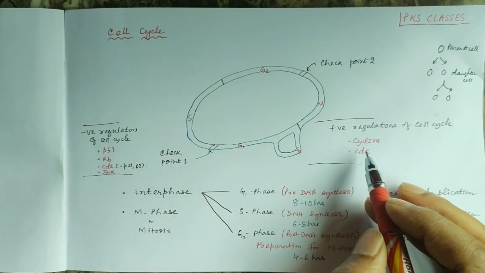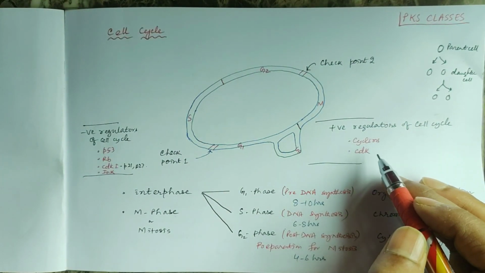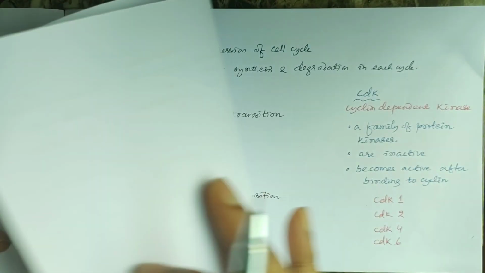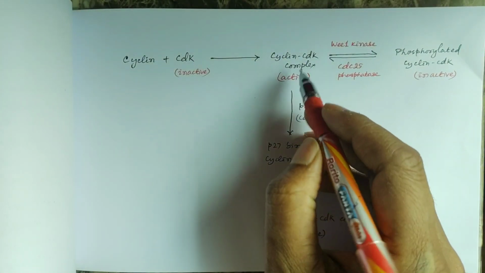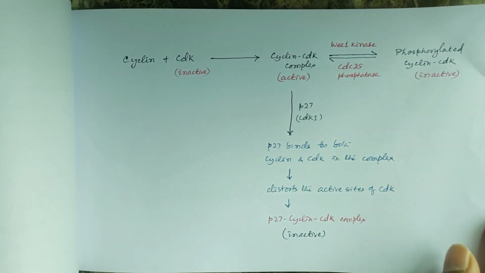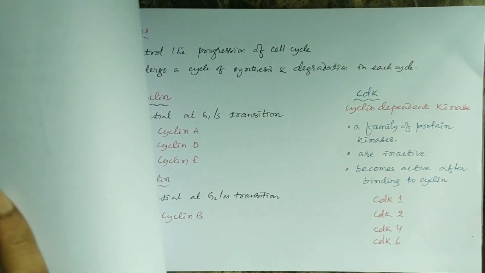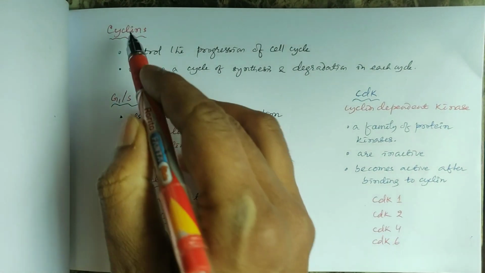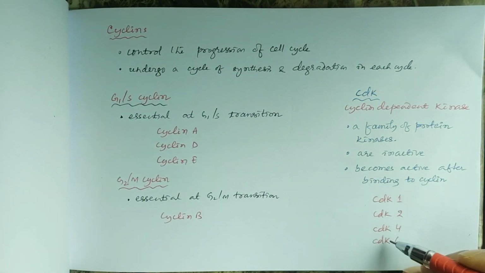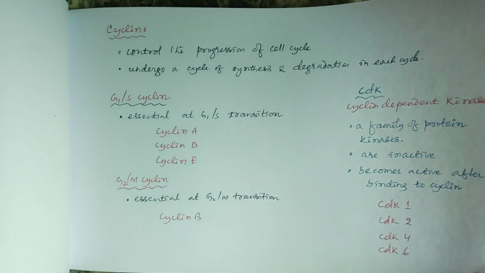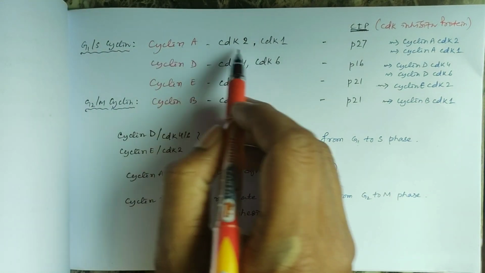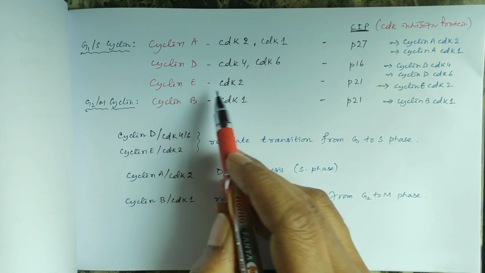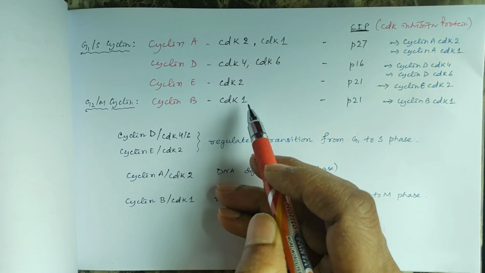The positive regulators, as we have already discussed before, are cyclins and cyclin dependent kinases. They form cyclin-CDK complexes and help the cell to progress through the cell cycle. There are different cyclins and different CDKs. They form complexes: cyclin A with CDK2 and CDK1, cyclin D with CDK4 and CDK6, cyclin E with CDK2, cyclin B with CDK1.